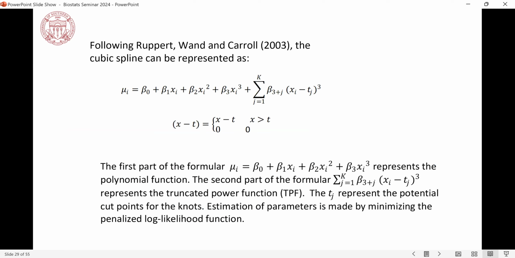We have the polynomial function, beta 1, beta 2, beta 3, and the second part is the truncated power function, where t is a knot. Then we use the cubic spline for the penalty.